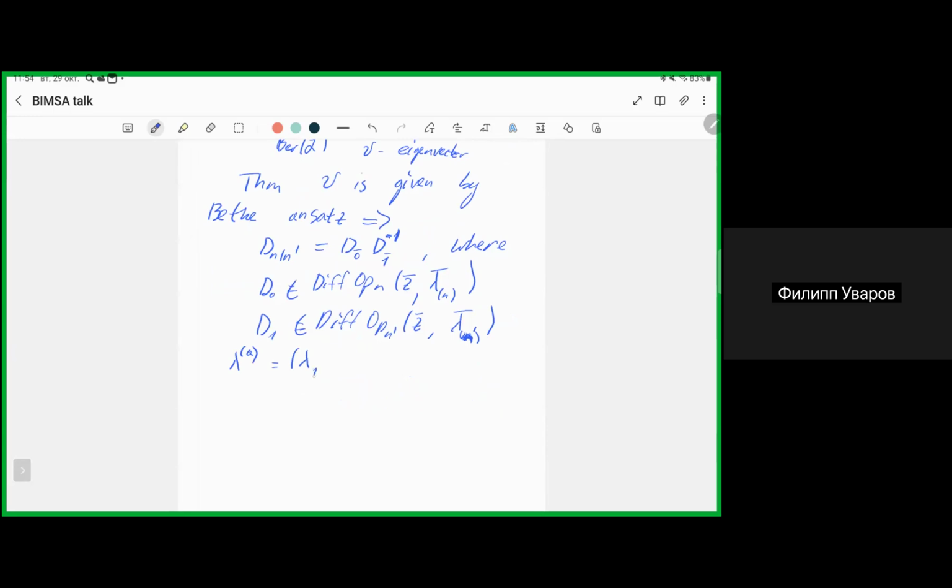So this is something like lambda 1, and so on, lambda n, and then lambda n plus 1, and so on, lambda n plus n prime, right? So I take this piece, and this gives me lambda n, well, A. And bar means that I can see the sequence when for each, I combine all A's together.